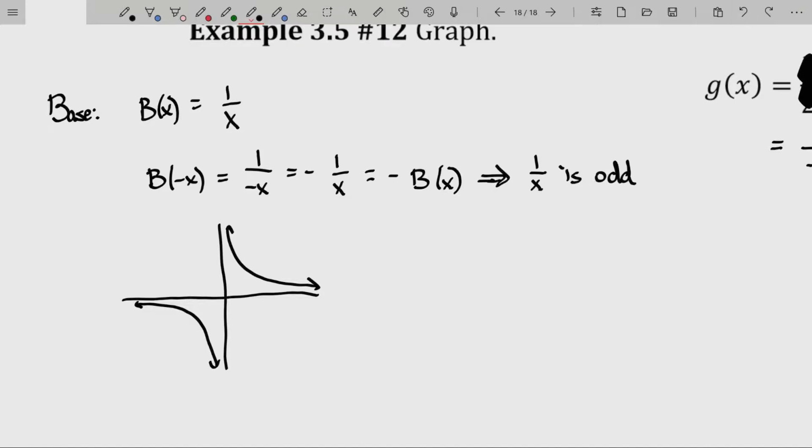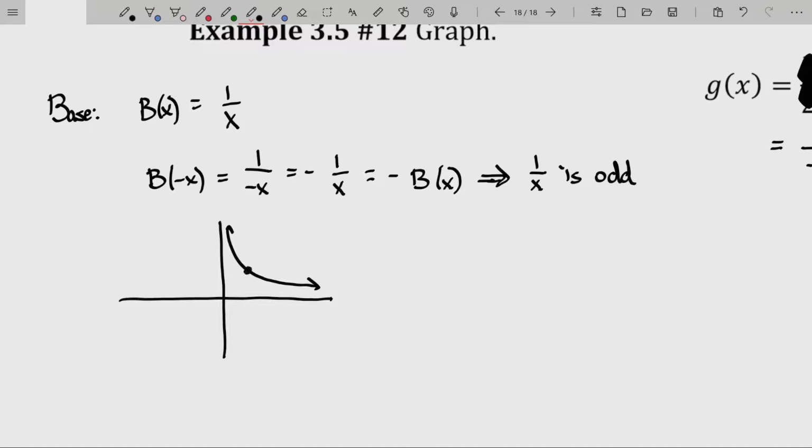So if I know my function's odd, then I'm only going to worry about the right branch of this, because I know that in the end, all I need to do is take that pin that was in the center and rotate it around 180 degrees, and I will have my other part of the graph. So this just reduces the amount of work. There is something important though to note here.